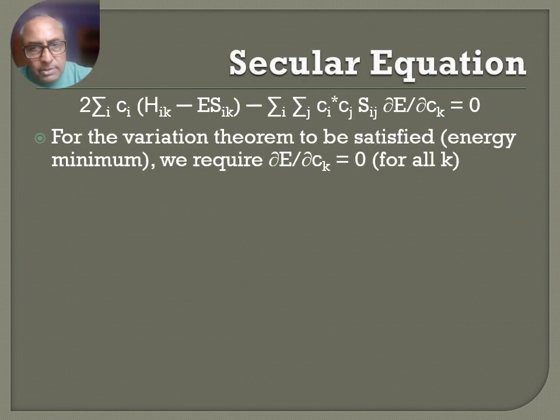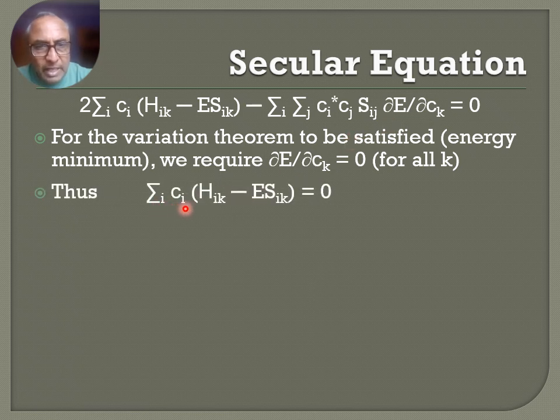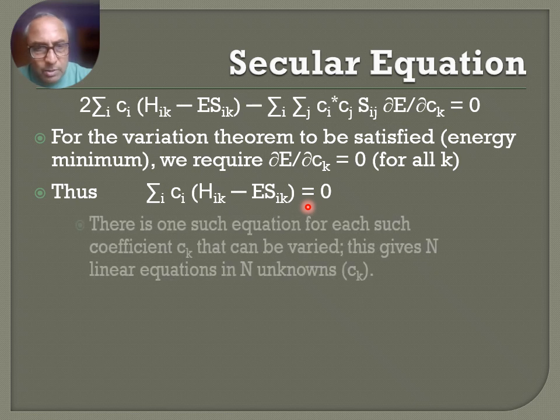For the variation theorem to be satisfied, that is for the energy to be a minimum, we require that del E by del ck is equal to 0 for all k. That is, in this equation the second term goes to 0, and therefore we are left with sigma i ci Hik minus E Sik equal to 0.